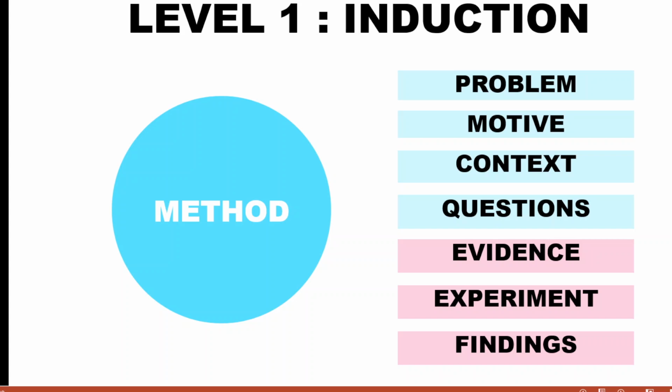A problem can be, okay, why does the sun go from east to west? That could be a problem because I don't know. It happens, I can observe it, but why does it happen? Motive: the problem helps you arrive at a motive, because the motive is to solve the problem. Now context.